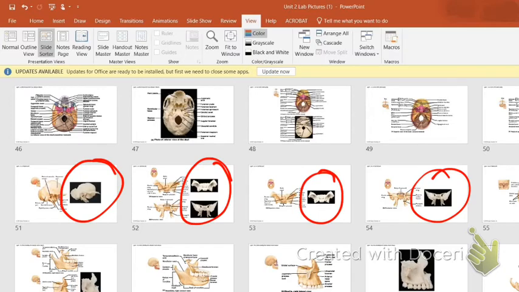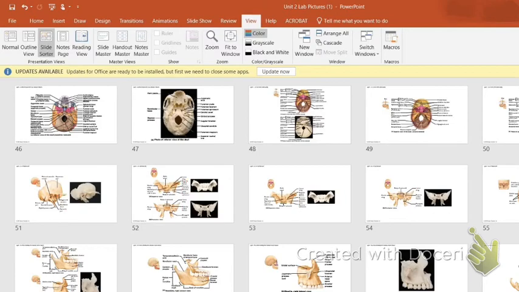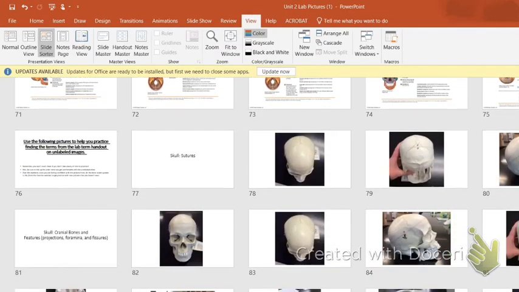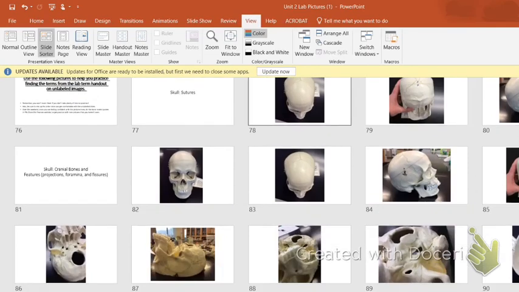The reason why they are included is because they are part of figures where some of the features of the bones are labeled that I thought were helpful. So that's why they're there. But we are on a hunt for a good picture where we can see the skull unlabeled.